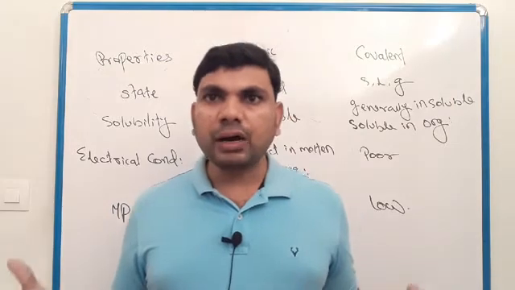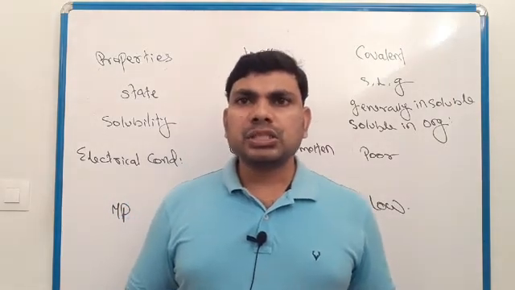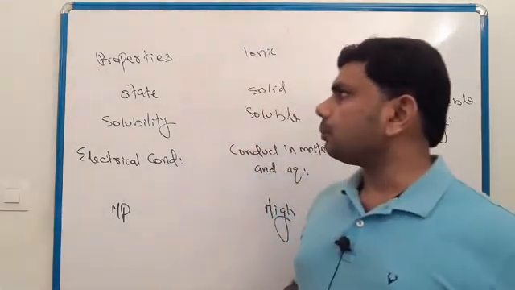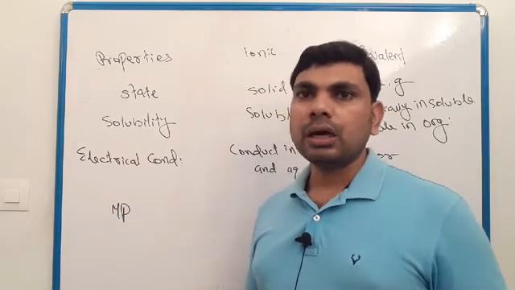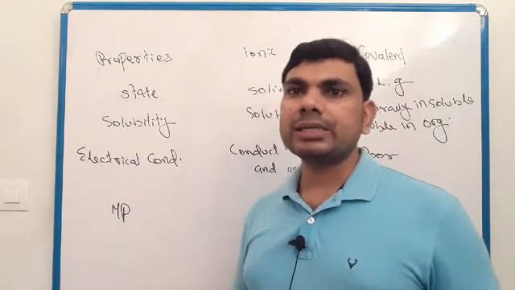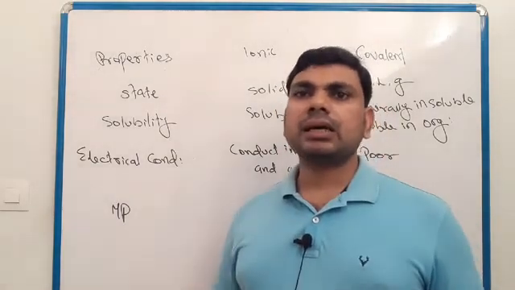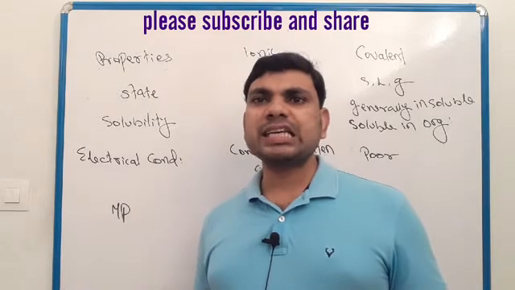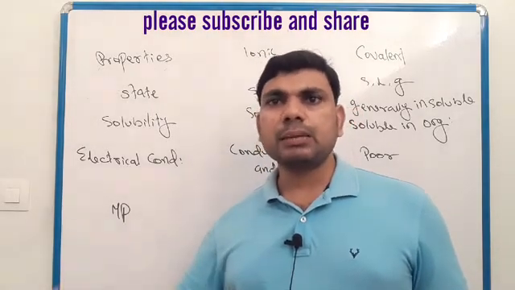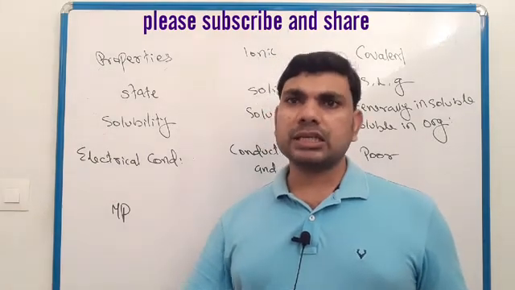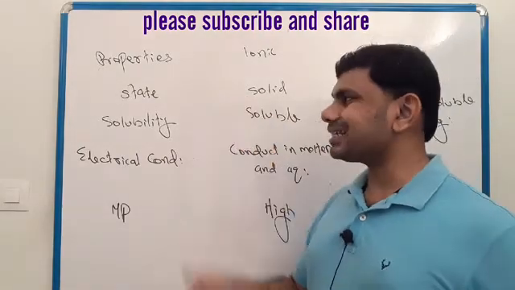Different properties of ionic compounds and covalent compounds. First, the physical state. Ionic compounds are generally in solid state, but covalent compounds exist in liquid, solid and gaseous states. Some compounds are solid, some liquid and some gaseous, but most ionic compounds are in solid state.